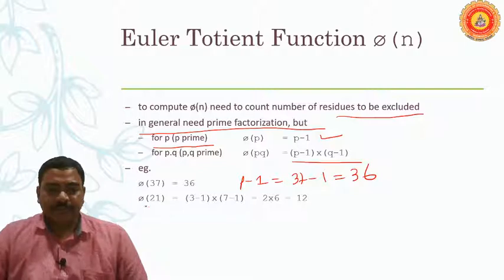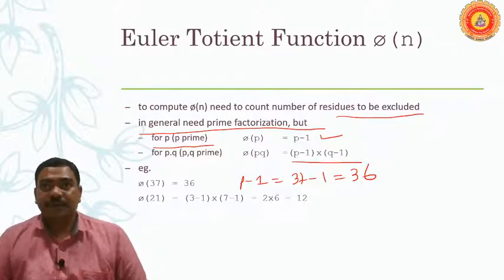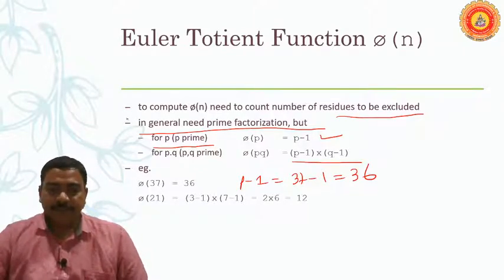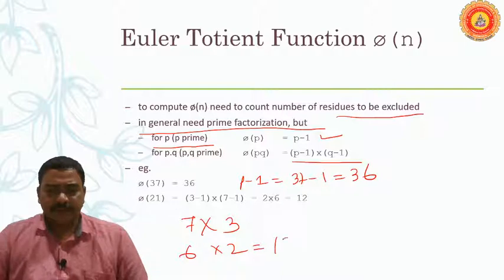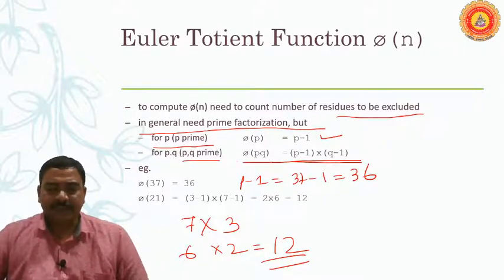Phi 21: 21 factors as 7 into 3. That means here phi pq, the multiplication of two primes where p and q are prime numbers, is p minus 1 into q minus 1.